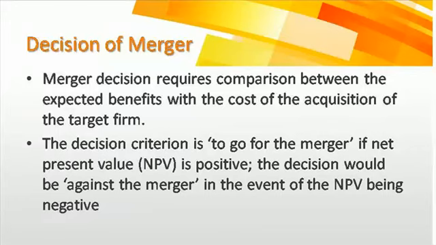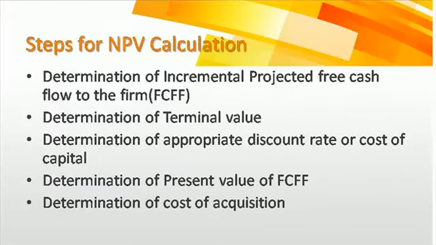This is how the decision will be taken by the acquiring company. And there are steps for the NPV calculation. First step is to determine the incremental projected free cash flow to the firm.